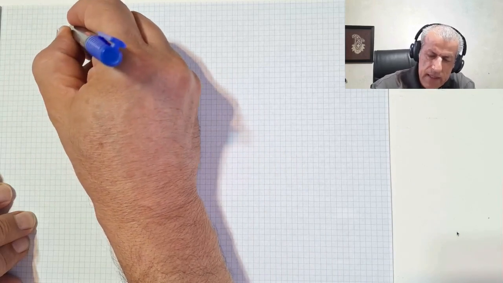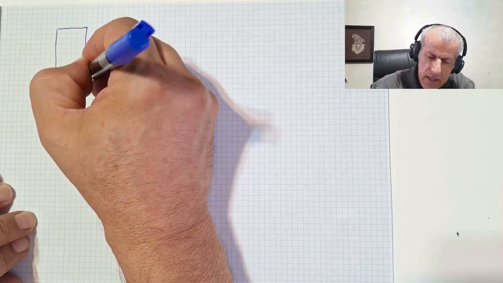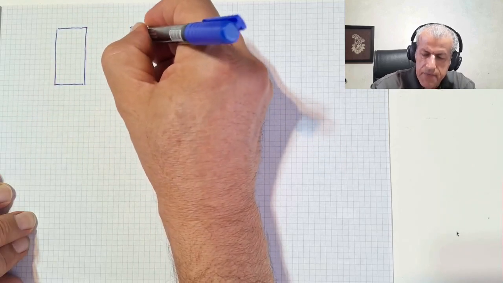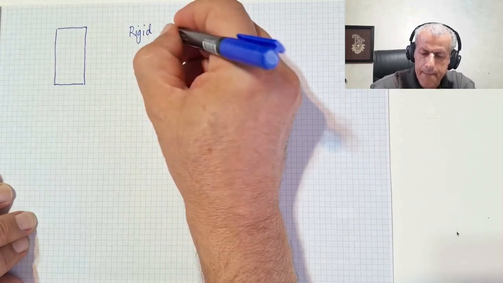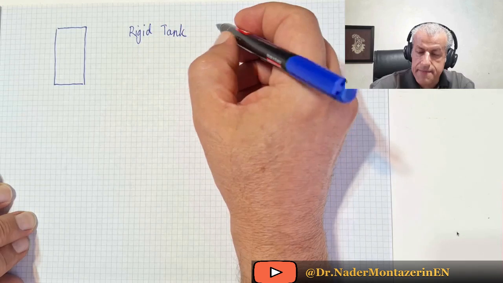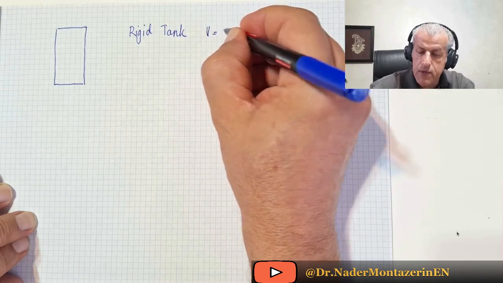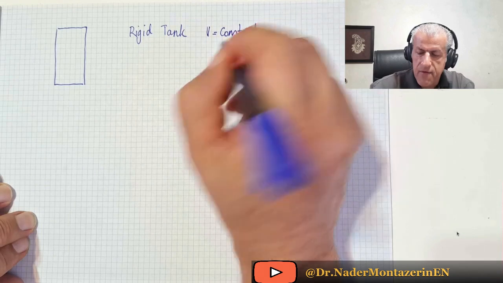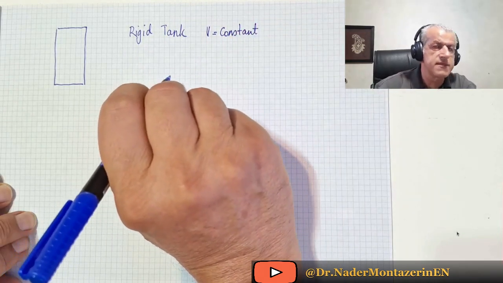And when it says it's a rigid tank, in the thermodynamic language, a rigid tank means that V equals constant. It means that volume is the same.